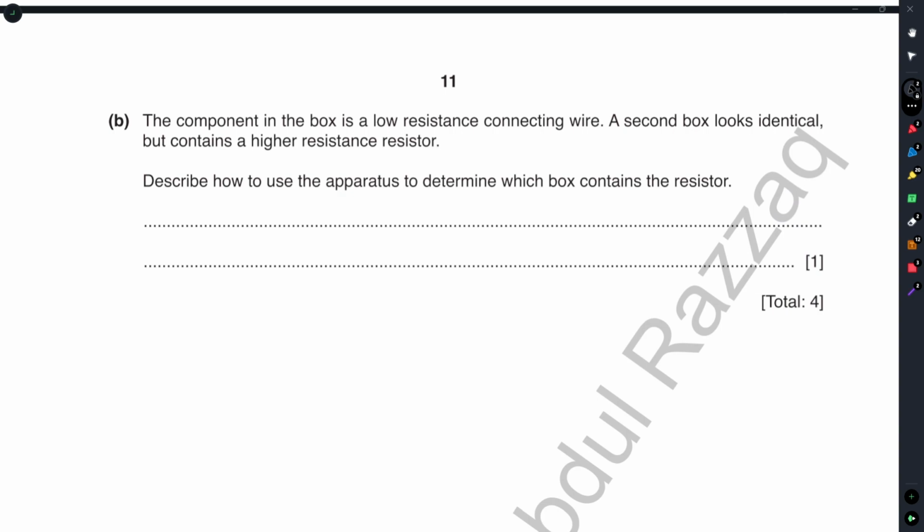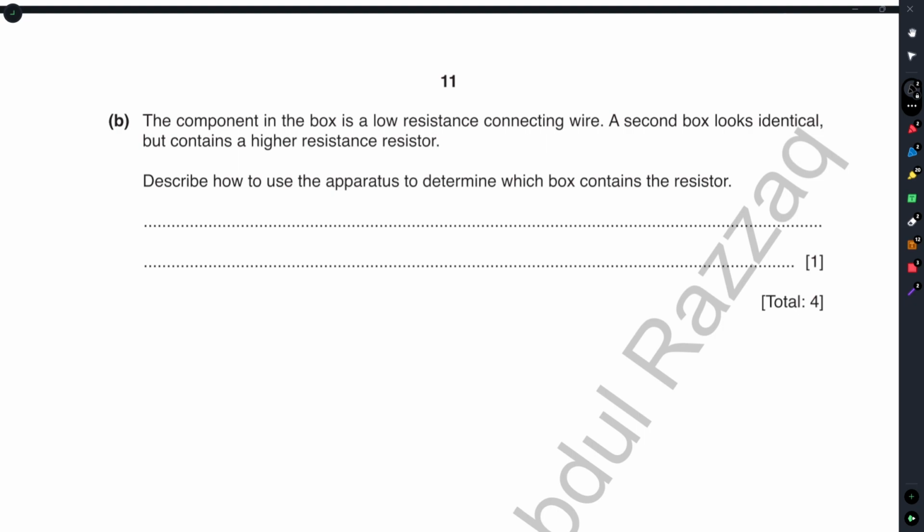And if the current is larger, your box has wire with low resistance, and if your current is smaller, then you have a box of a higher resistance resistor.